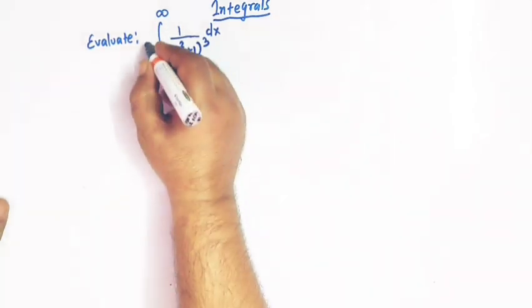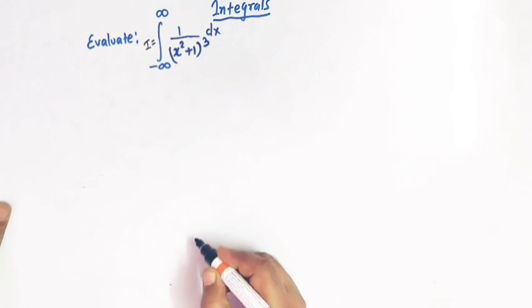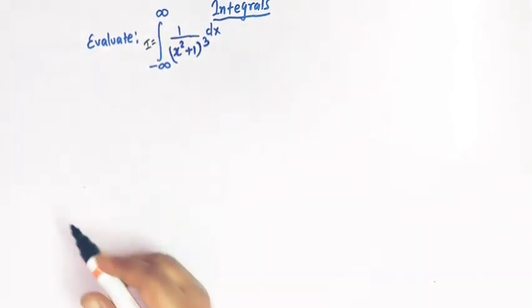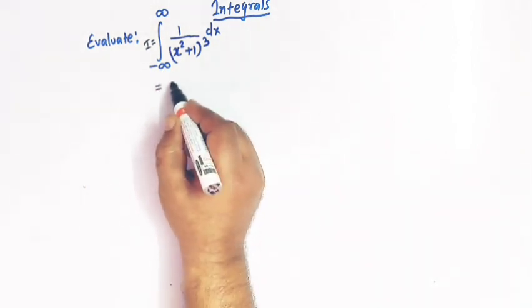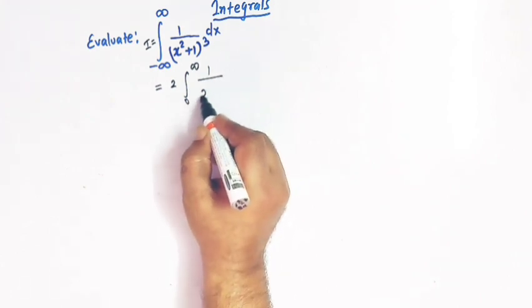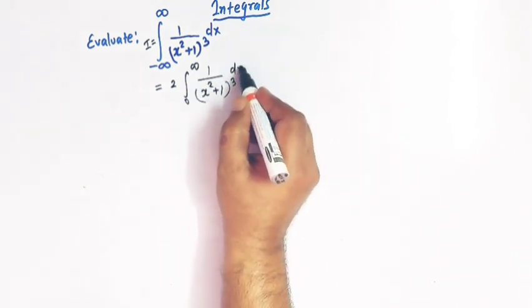So let us take this integral as I. Now see here what we will do: we'll first write this integral as 2 times the integral from 0 to infinity of 1 over (x square plus 1) cube.